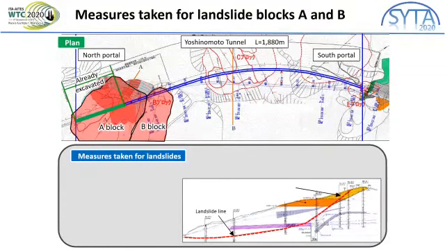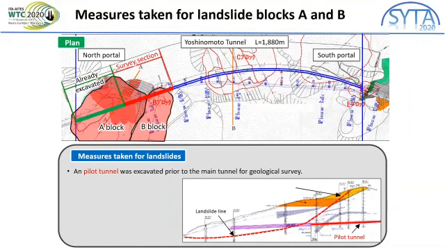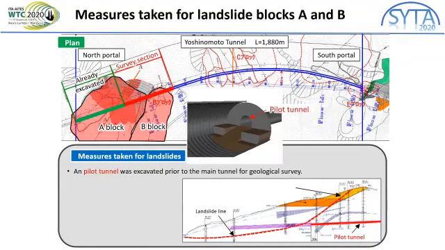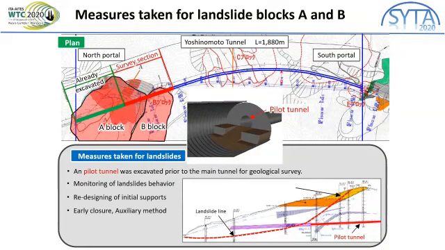Therefore, the excavation of the pilot tunnel was planned in this survey section prior to the main tunnel. The purpose of the pilot tunnel is the monitoring of the landslide blocks A and B and geological investigation. Based on the results, the support structure was modified, and early closure of the tunnel section and auxiliary methods were adopted.